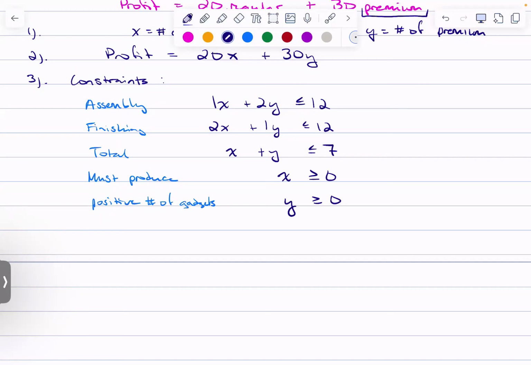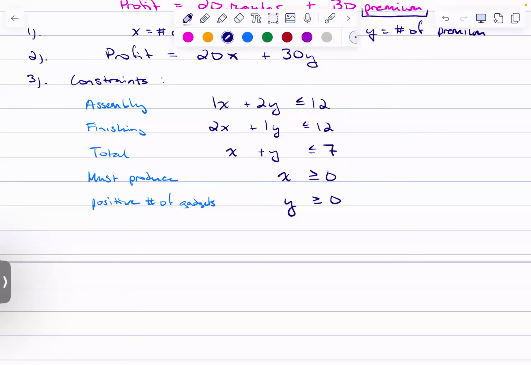Even if you didn't list those constraints, you probably applied them when you looked at your graph and ignored the negative region. But you want to list them. Okay, that's listing your constraints.